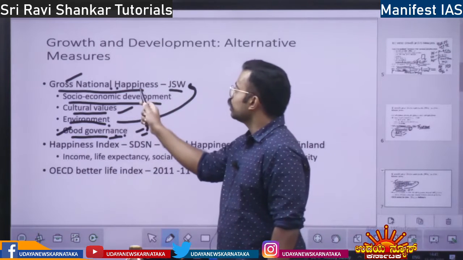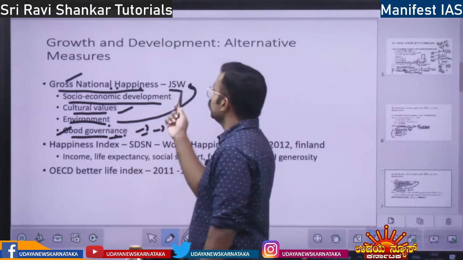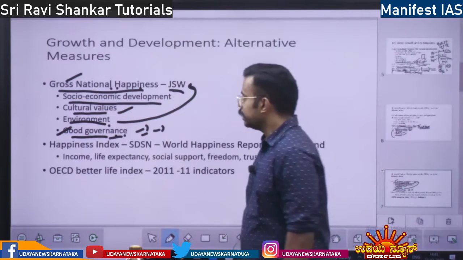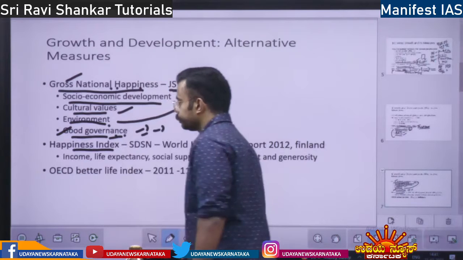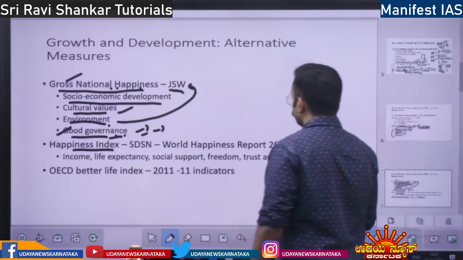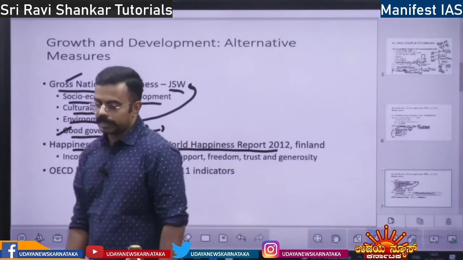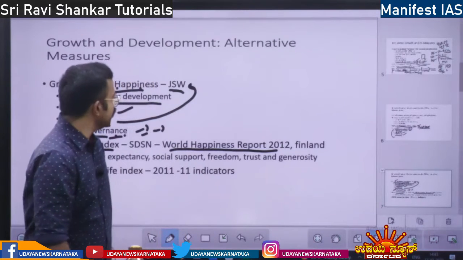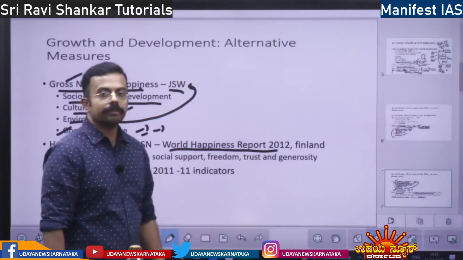So good governance also contributes to Gross National Happiness, Bhutan says, right? Next we have the happiness index. This report is called the World Happiness Report. The World Happiness Report has been published starting from 2012.